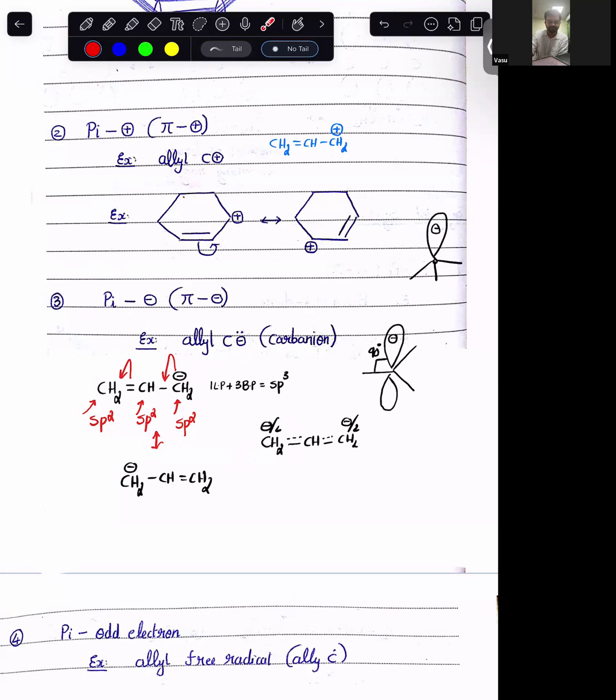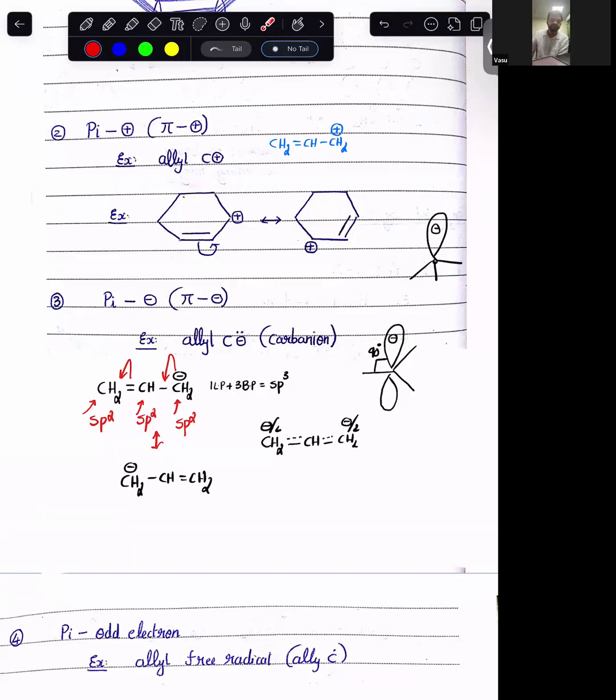Everyone clear? Okay. So the concluding statement is: resonance participating negative charge or resonance participating lone pairs will always be kept in pure orbitals. Or, resonance stabilized carbanions will have sp2 hybridization. They won't have sp3 hybridization.